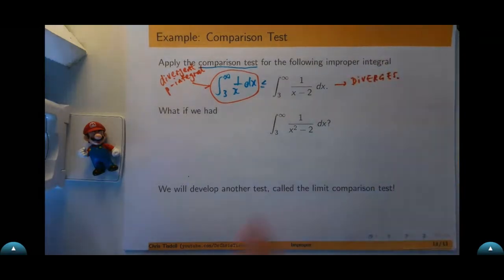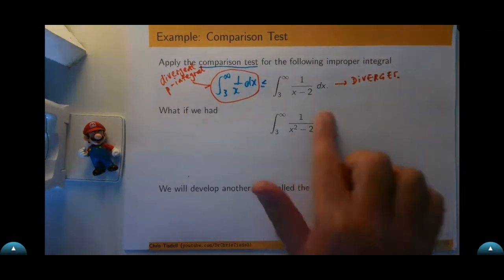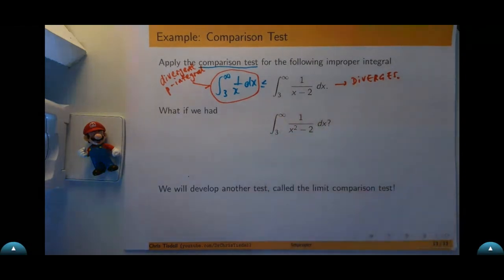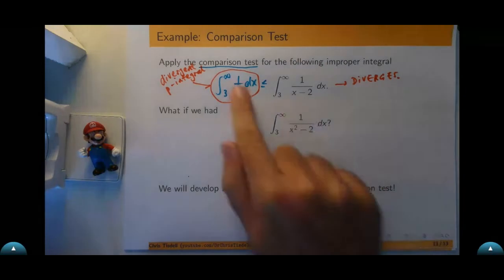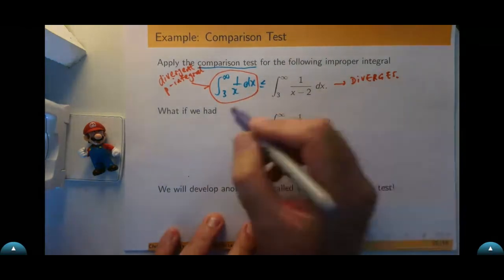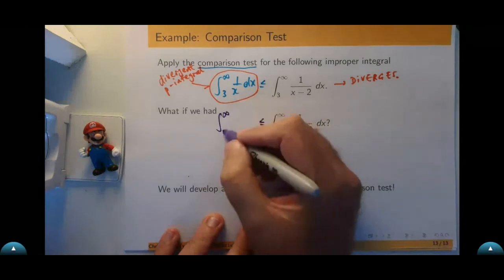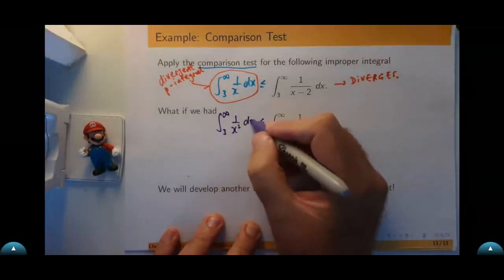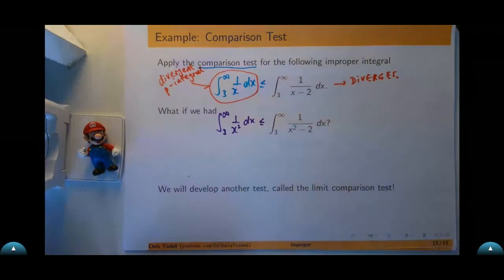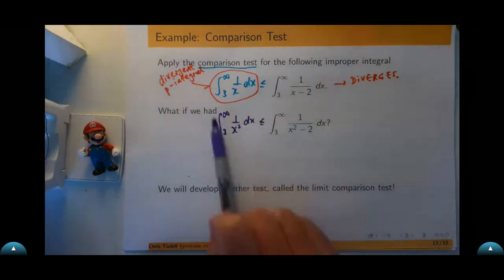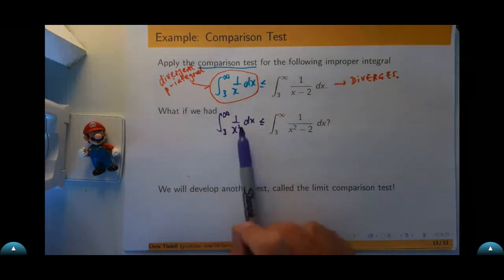The point I was trying to make with this one, and make sure you change the minus to a plus, is that we can do something similar here. We can say that this is greater than or equal to that. Now, the problem here is that it converges. It's a convergent P integral because p equals 2.